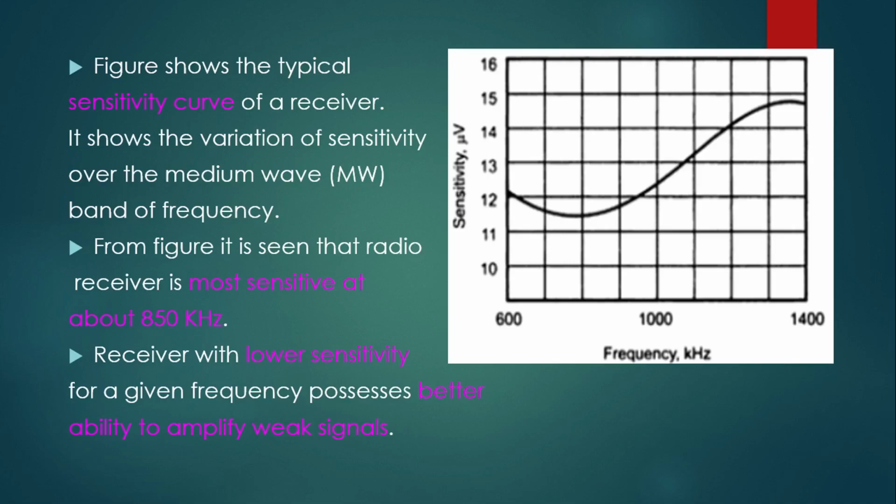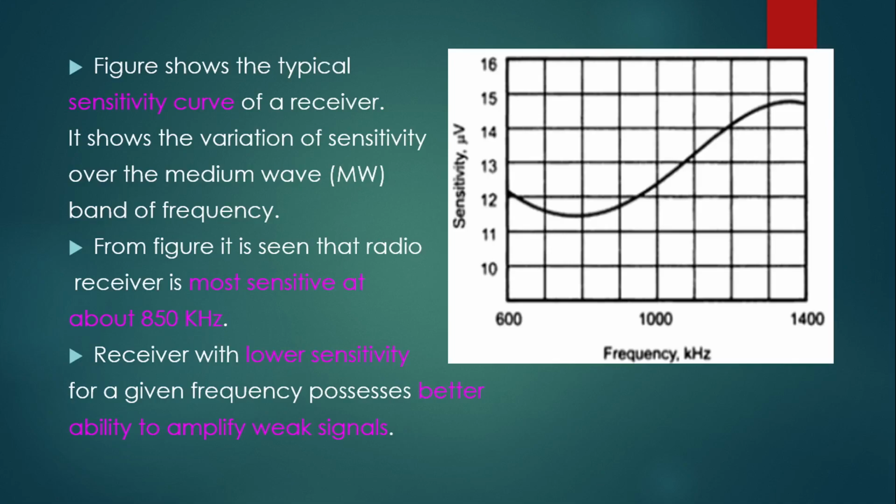The receiver with the lower value of sensitivity, that is 11 microvolt, is more sensitive. So, the less the value of sensitivity, the more sensitive the receiver is. That means it has more ability to amplify weak signals. So, for better quality, a receiver should have a lower value of sensitivity at the given frequency.